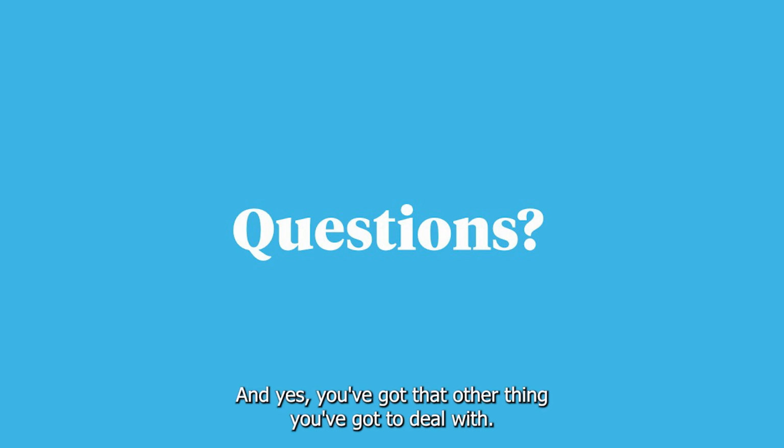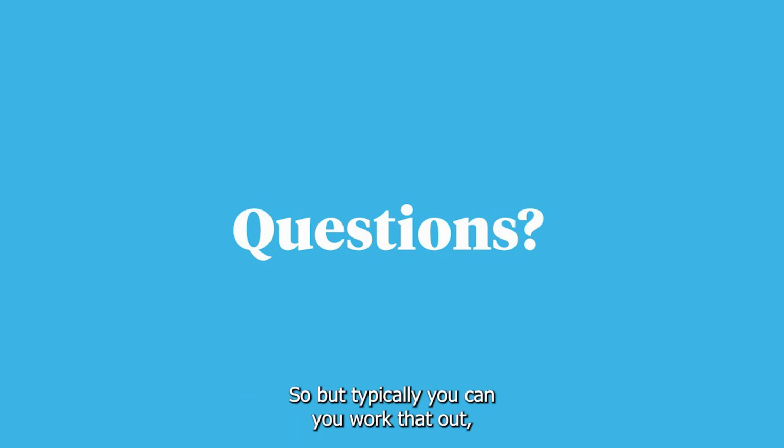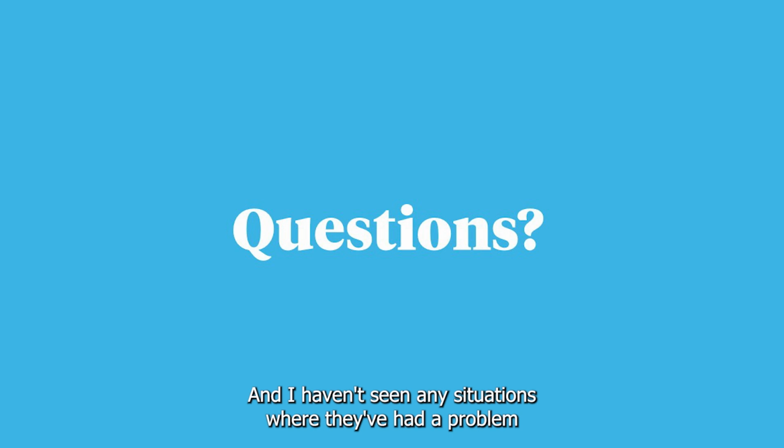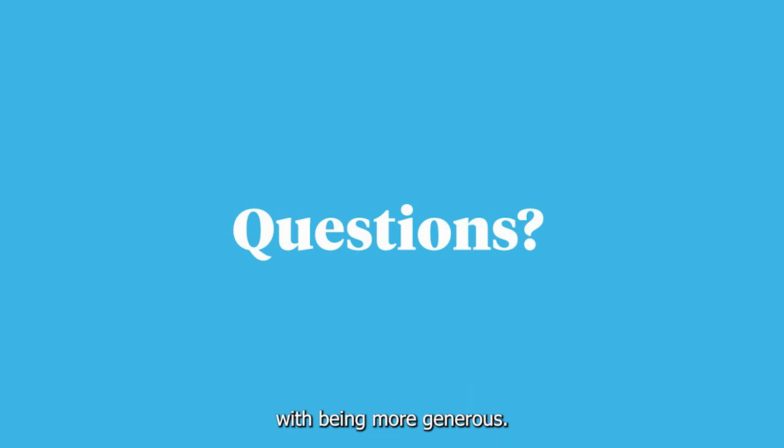Typically you work that out in your contract, and you let them know when you're making them eligible or not. I haven't seen any situations where they've had a problem with being more generous, but obviously there are exceptions. Any other questions?